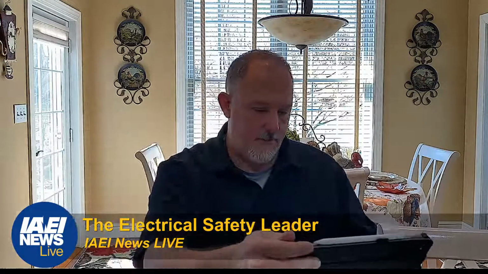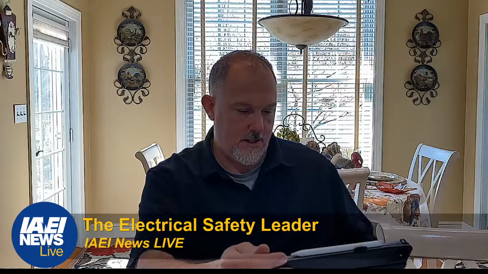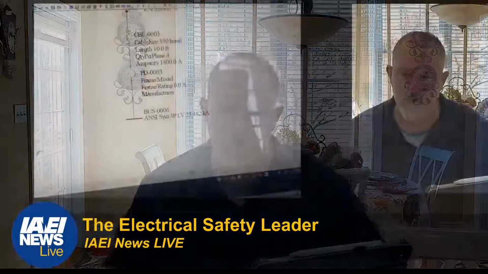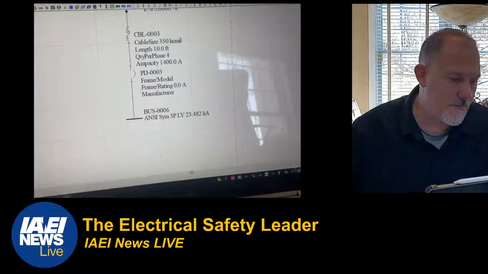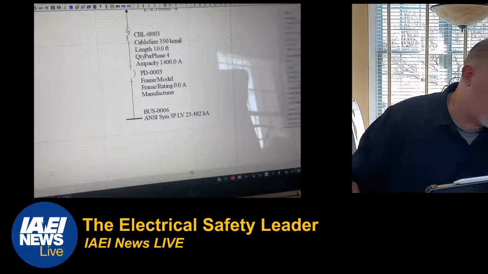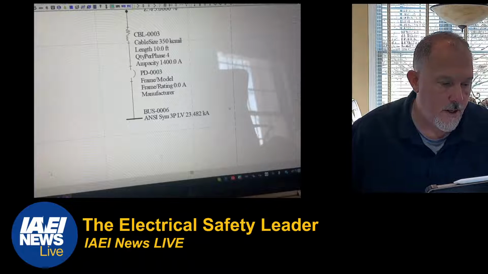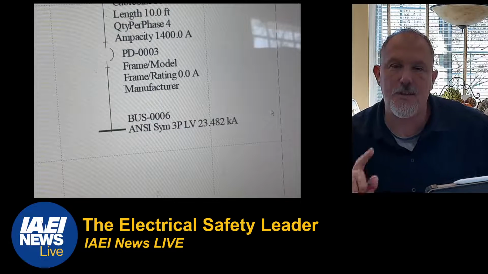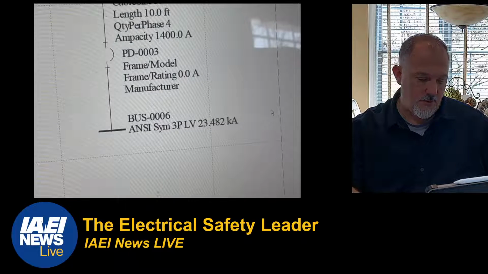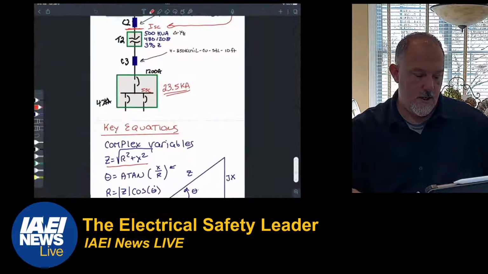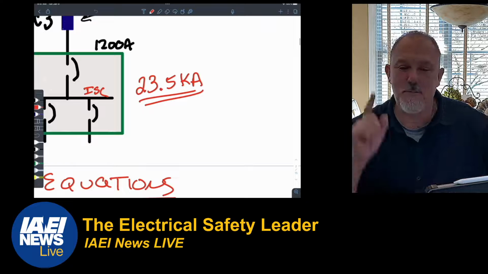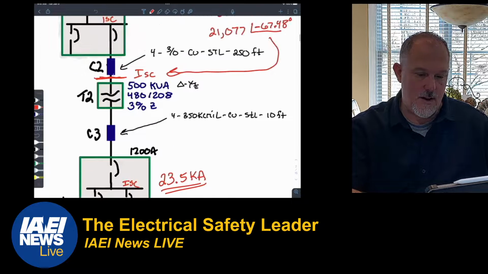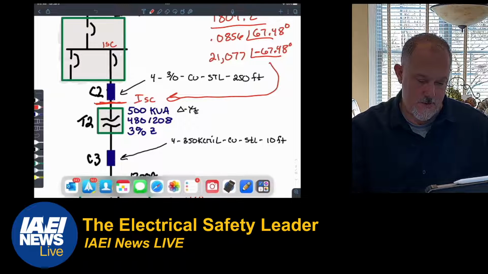All right, so ladies and gentlemen, look at this. That says 23.482. 23.5 kiloamps.